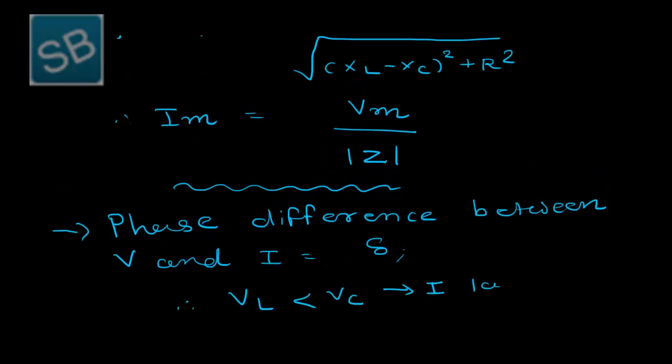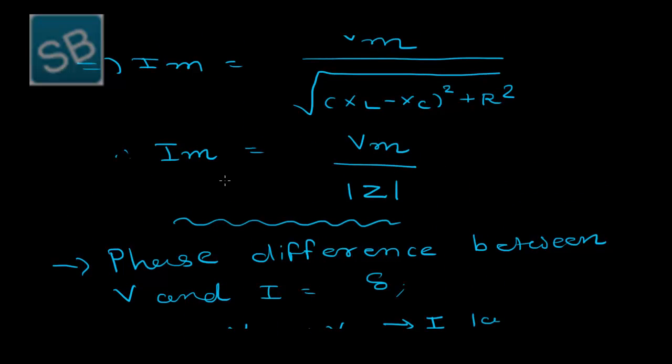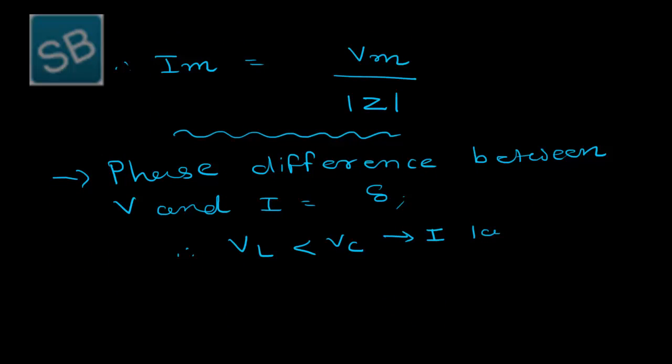So what happens if VL is less than VC means the value of current will be higher because the denominator is getting smaller. So current leads voltage by phase delta, and in the opposite case, when VL is greater than VC, the current will lag behind the voltage by the phase difference delta.